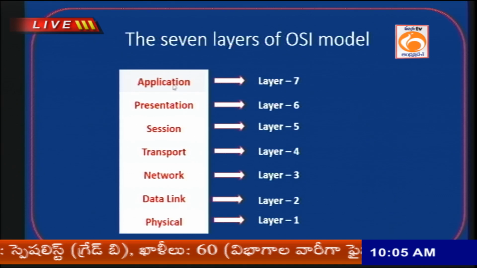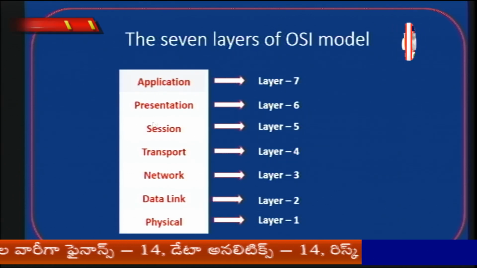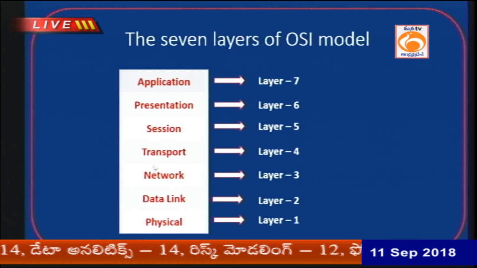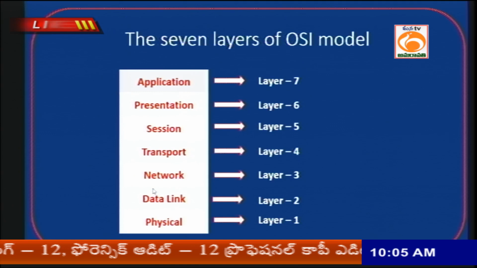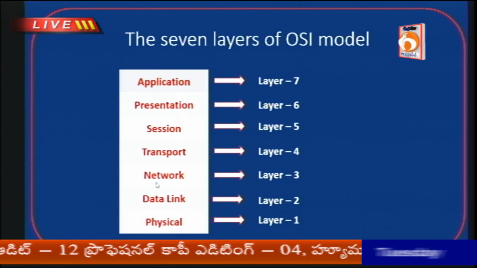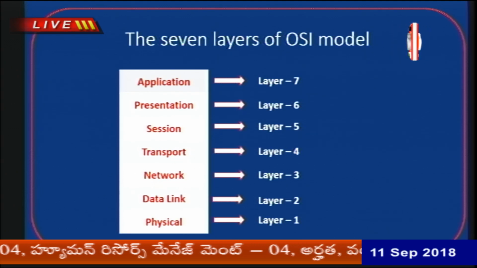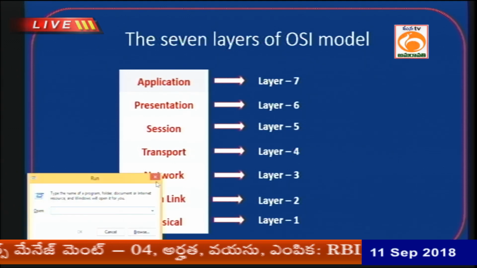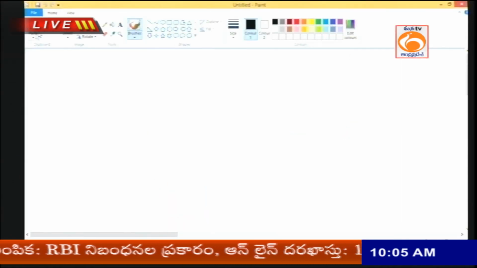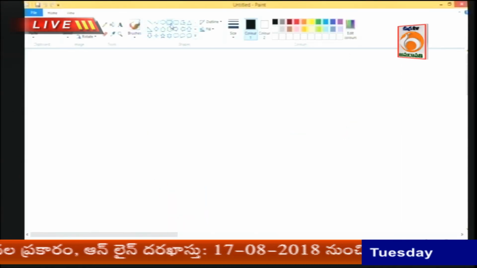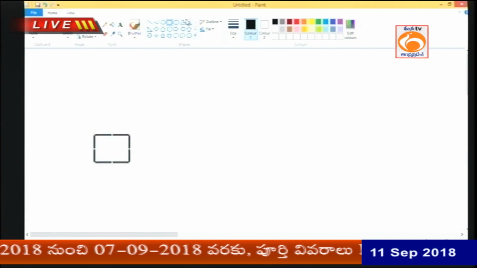Now we have to discuss the functions that each layer performs so that network communication is possible. Let us look at the basic requirement for why this is needed. Let us take an example: there is a computer, a PC, and then there is another PC.